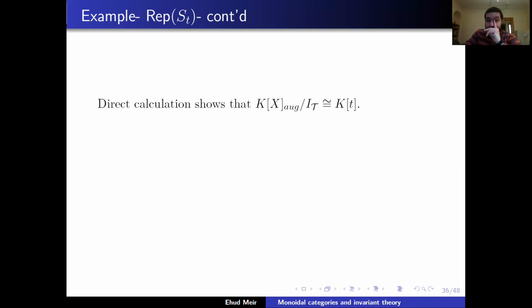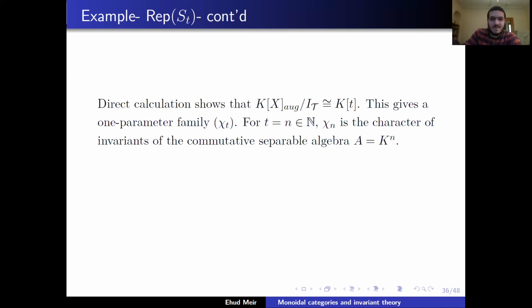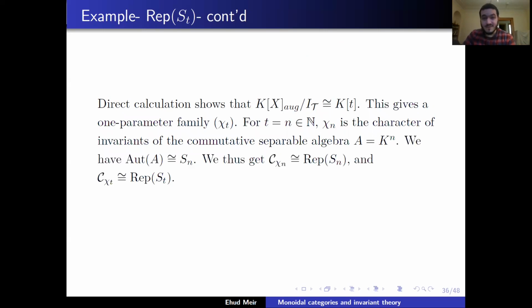Again, direct calculation shows that all such things are the quotient of the invariant algebra by the ideal of relations coming from the axioms, which will just be polynomials in one variable. And this gives us, again, a one parameter family of characters. And when we take T equal to n, chi n is just the character of invariants of the commutative separable algebra A, which is equal to k to the n.